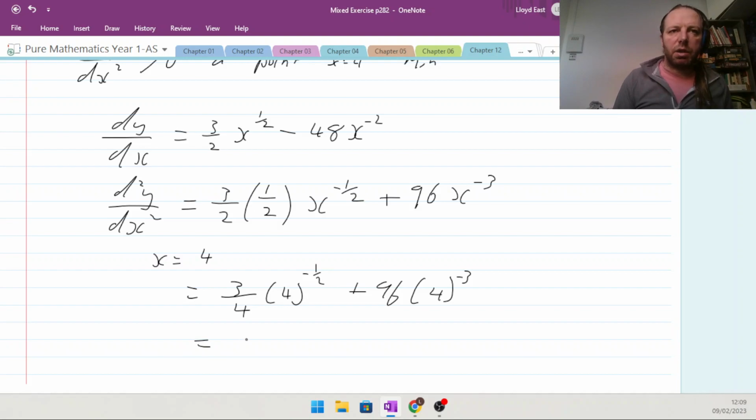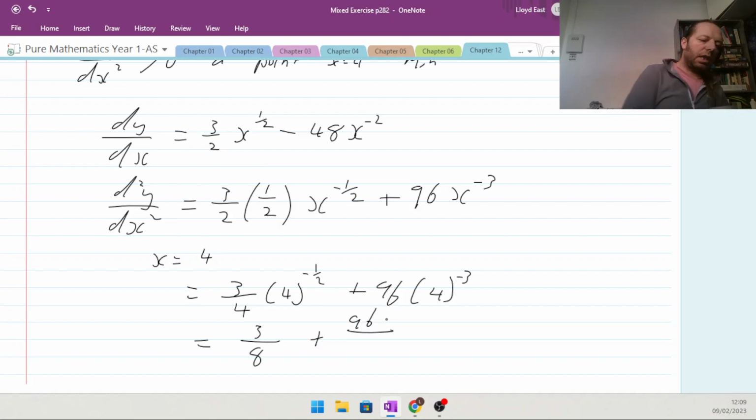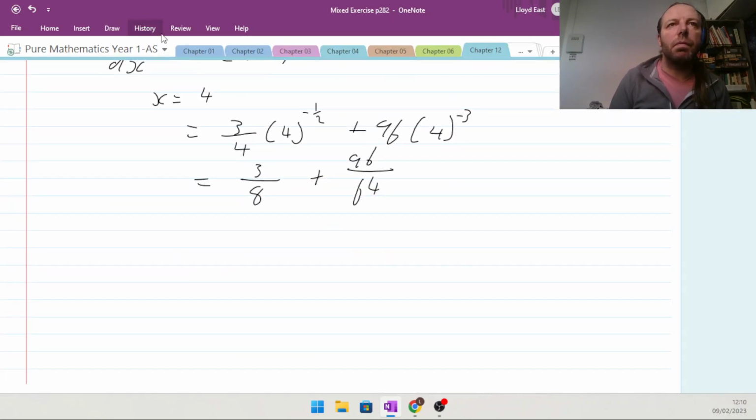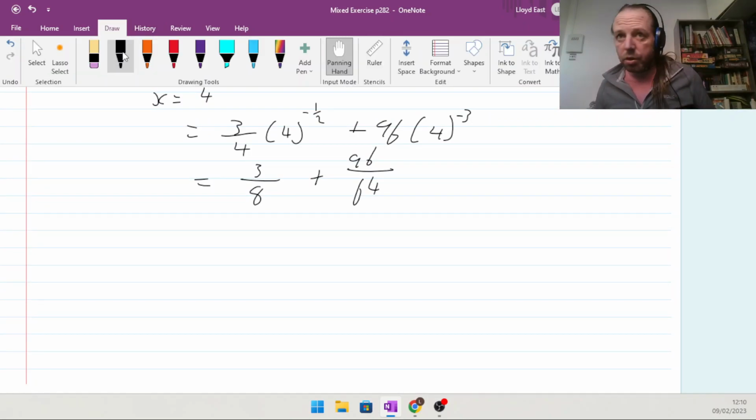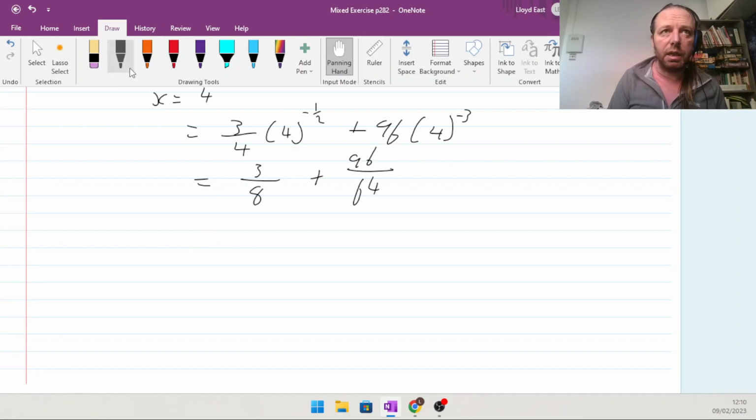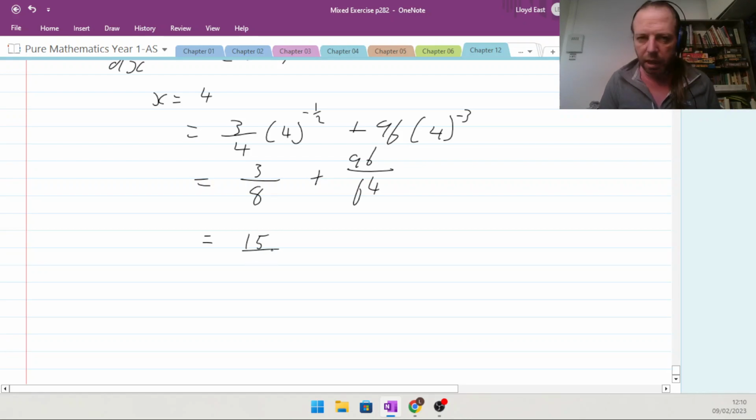Okay, so that's 3 over 8, because square root of 4 is 2, 2 times 4 is 8, plus 96 being divided by 4 4s is 16, and 4 16s is 64. So 3 over 8 plus 96 divided by 64, which is 3 over 2, plus 3 over 8 gives us 15 over 8.